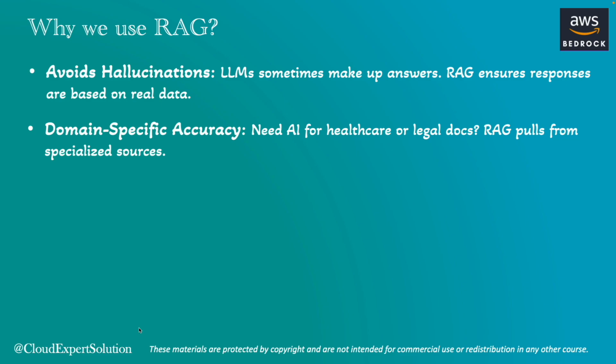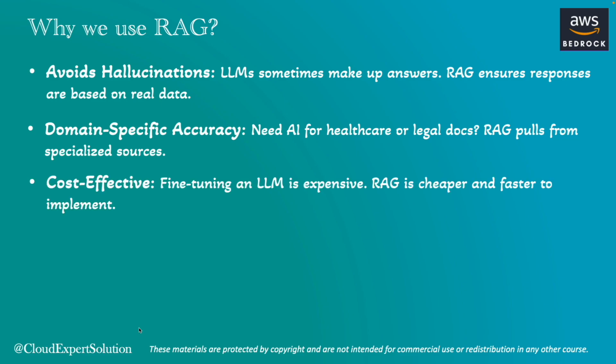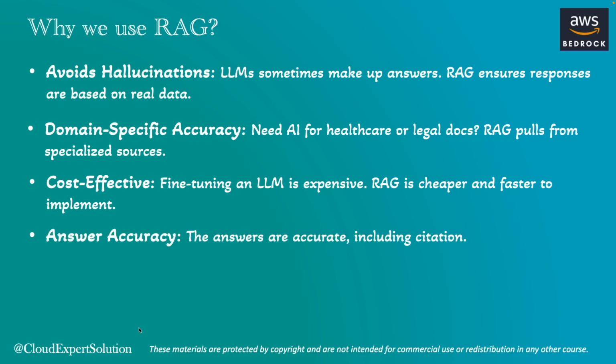If you need your AI model for healthcare or for legal documents, then RAG pulls from specific data sources. It is also cost-effective. In previous modules, we reviewed fine-tuning. Fine-tuning an LLM is very expensive, whereas RAG is cheaper and faster to implement. And last but not least, answer accuracy.